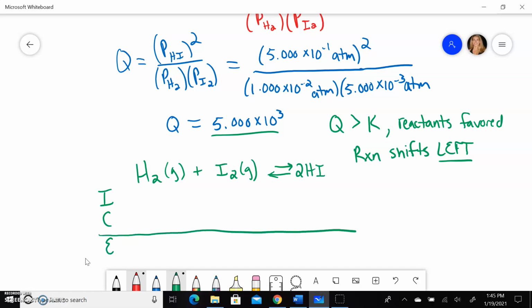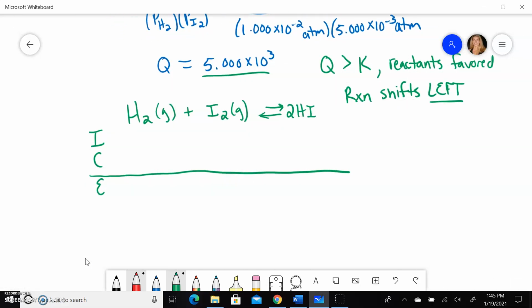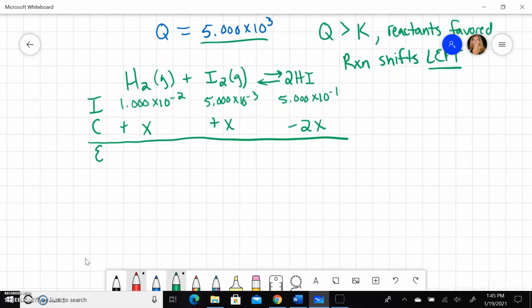Again, I stands for the initial amount, C stands for the change, and E stands for the amount that you're going to have at equilibrium. We have initial pressures for all 3 of these. And this time we're shifting left, so we're going to add x to these 2, and we're going to take away x here, and don't forget to bring coefficients down in front of the x.